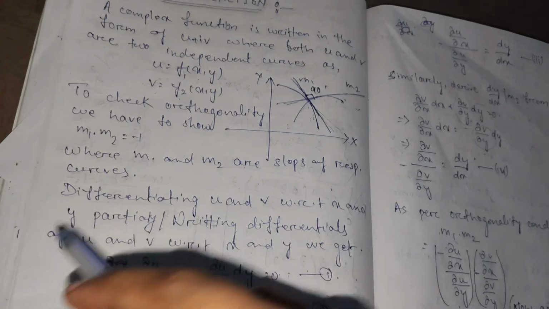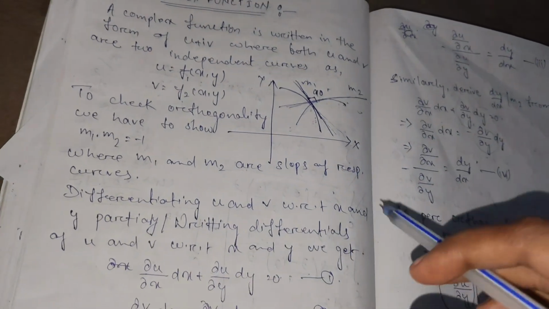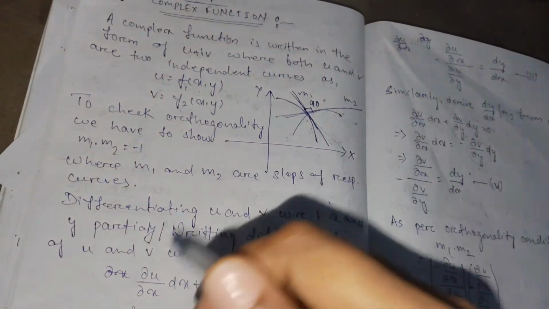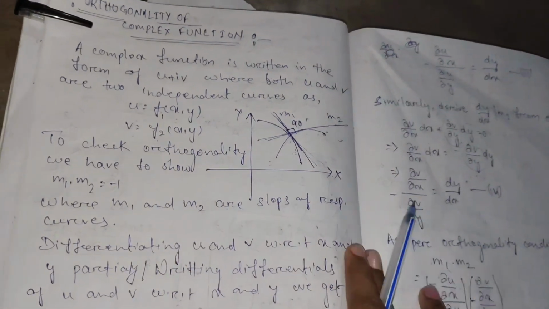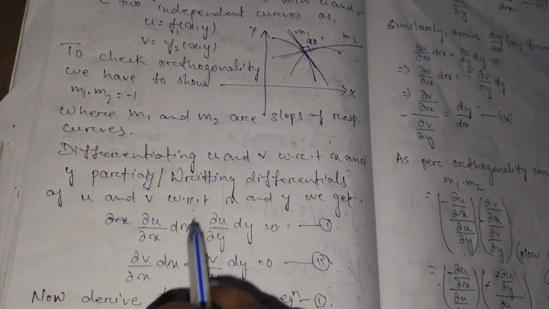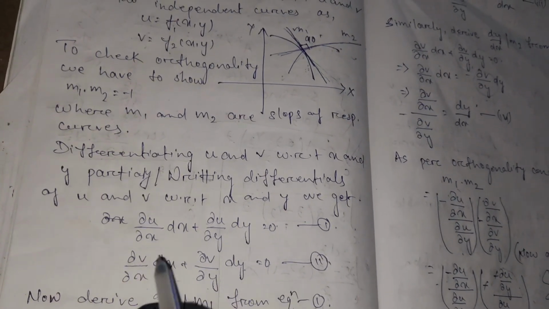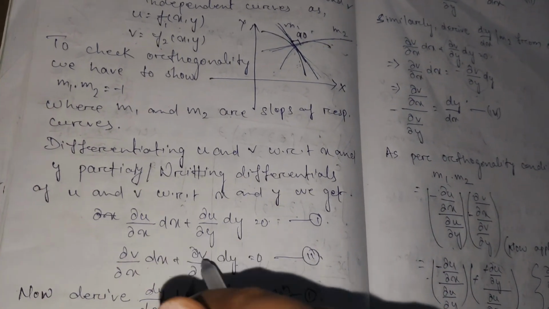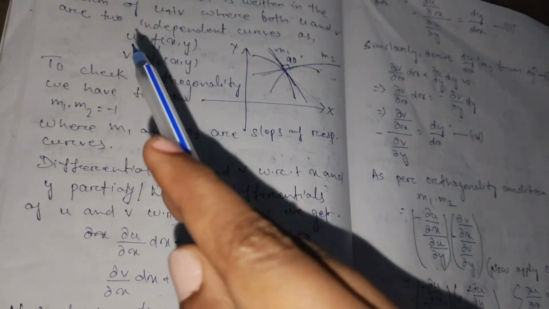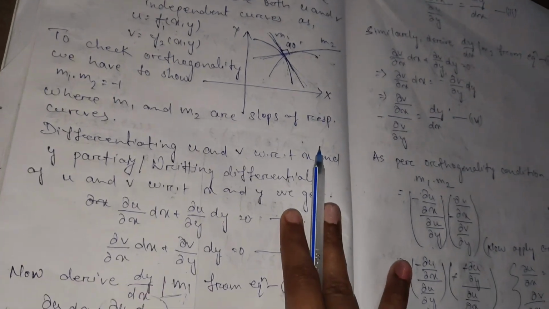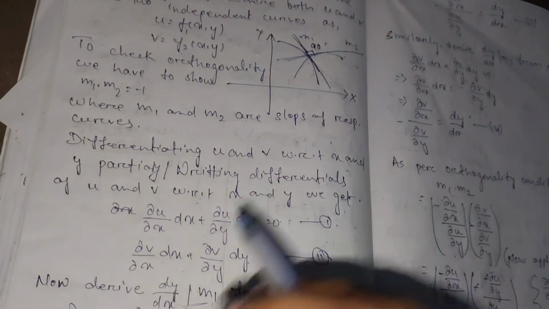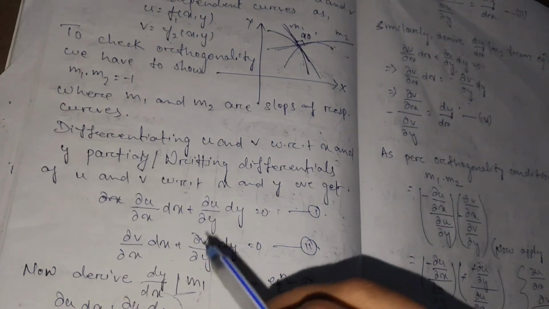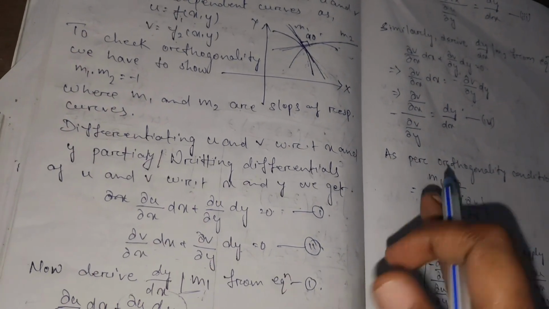Now, differentiating u and v with respect to x and y partially, or writing the differential equation of u and v, we get del u by del x dx plus del u by del y dy is equal to 0 for the differential equation of the curve u. Second, the differential equation for the curve v is del v by del x dx plus del v by del y dy is equal to 0.